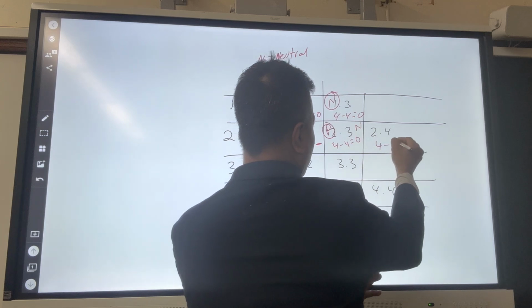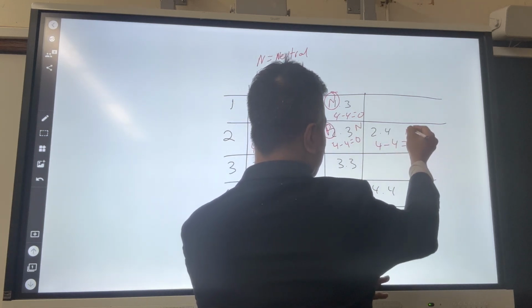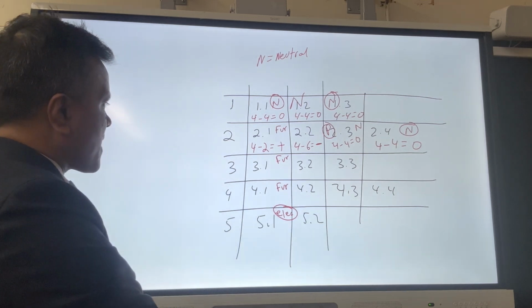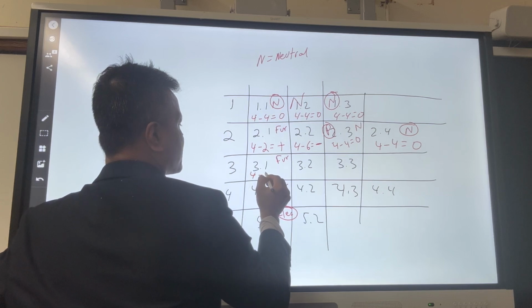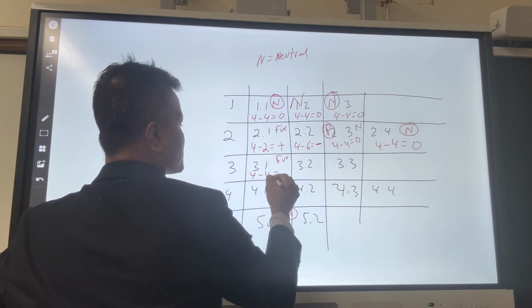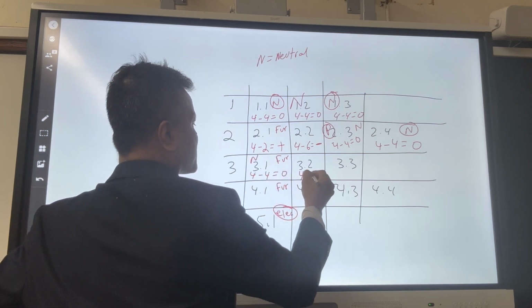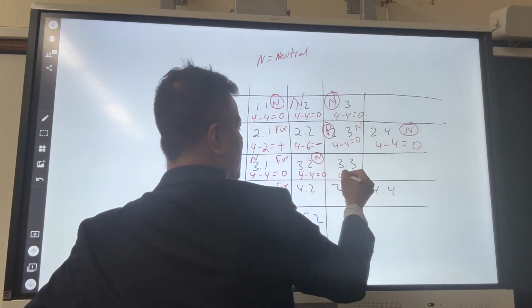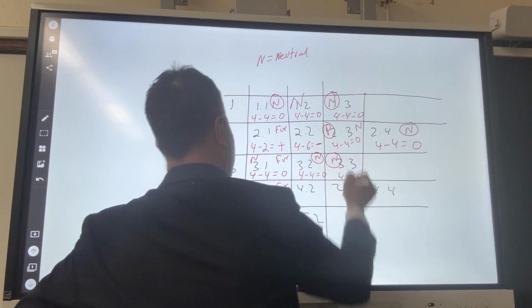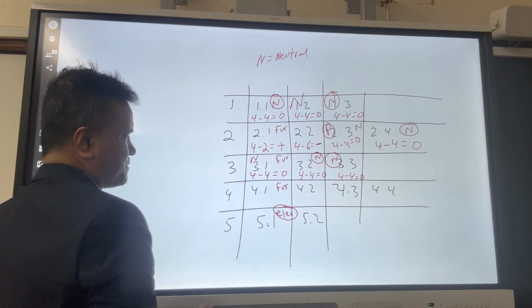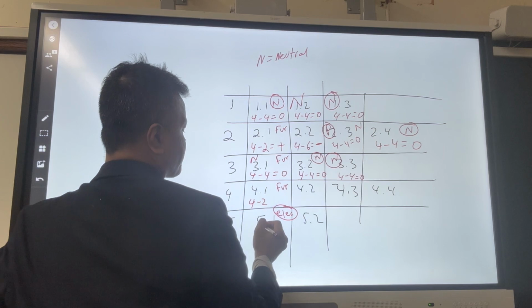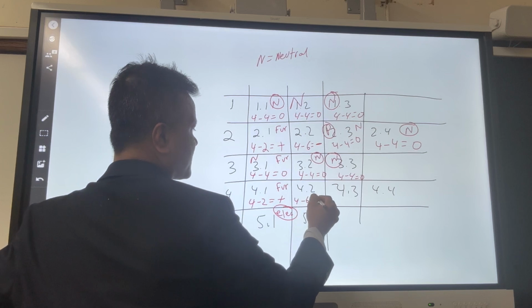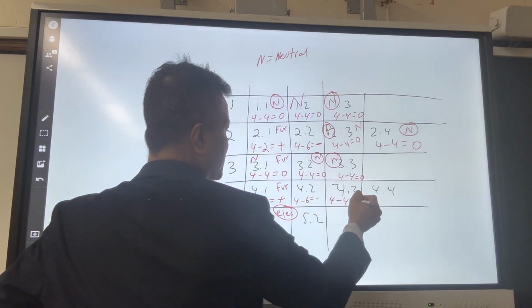And it's 4 minus 4, which is 0, is neutral, not polarized. 3.1 is 4 minus 4, which is 0, neutral. 4 minus 4, which is 0, neutral. 4 minus 2, positively charged. 4 minus 6, negatively charged. 4 minus 4, neutrally charged.